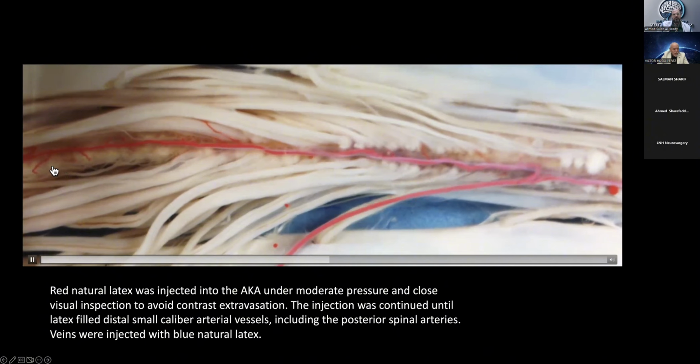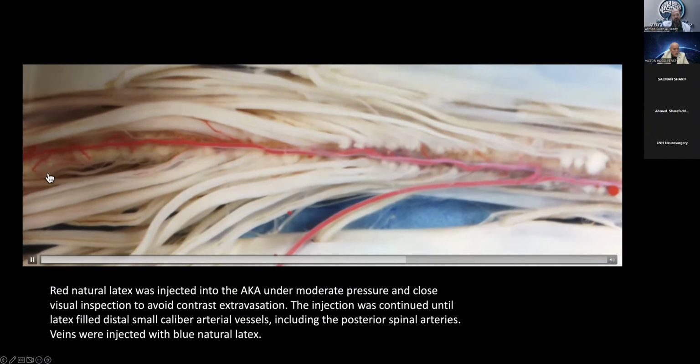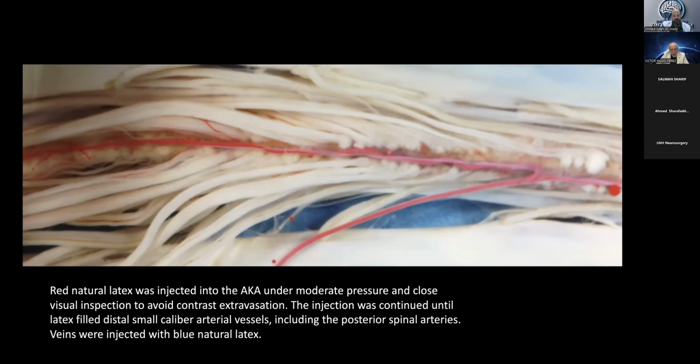Look at this. This injection is going to fine vessels, very small vessels. You can reach these small vessels by doing a good injection of the silicone. On the right side, we have like a fluid outside the arteries.